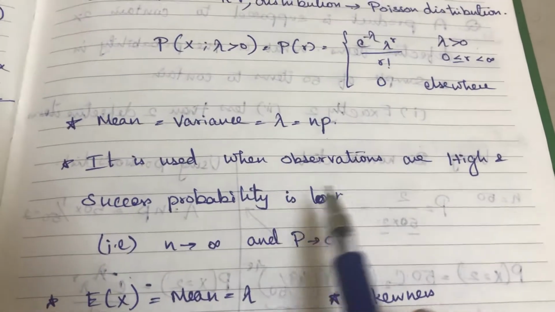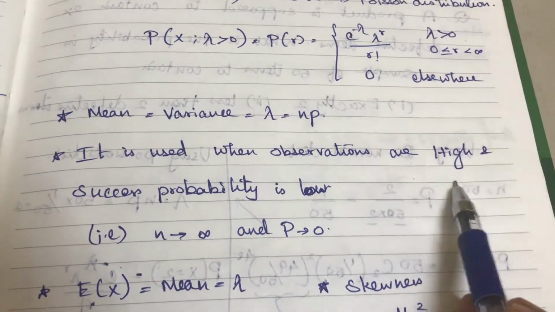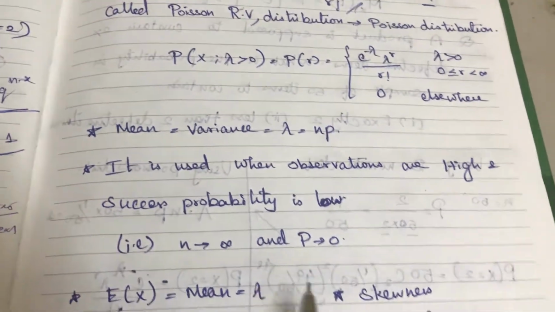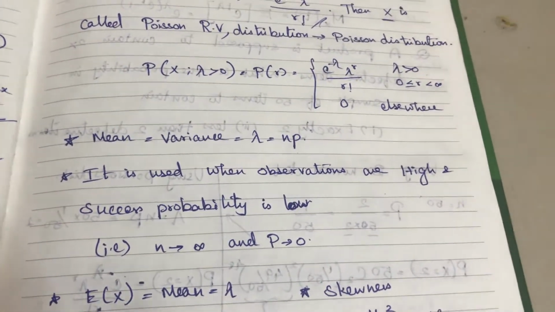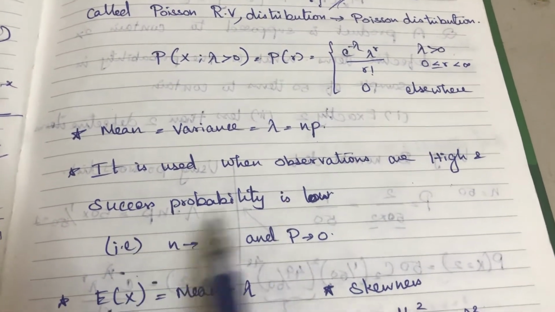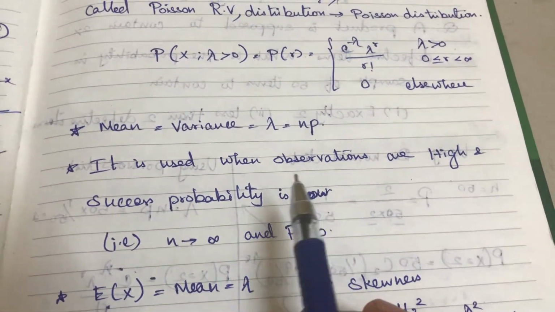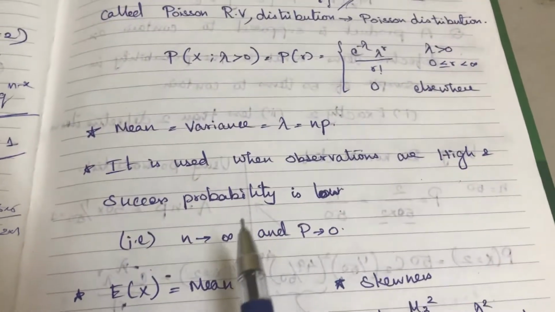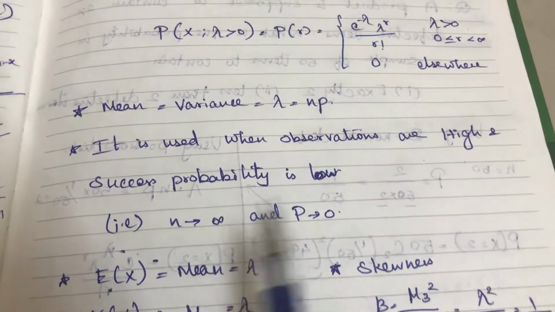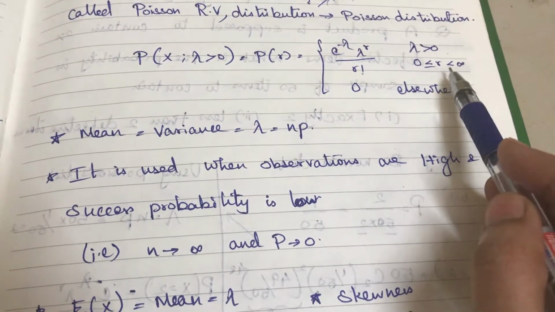It is used when observations are high and success probability is low. So the observations are higher and the success will be low, right? So in this condition we can use Poisson's distribution. That is, n will be equal to infinity, as you can see here.